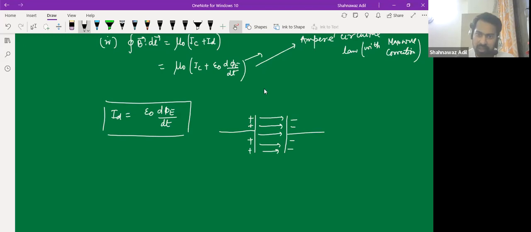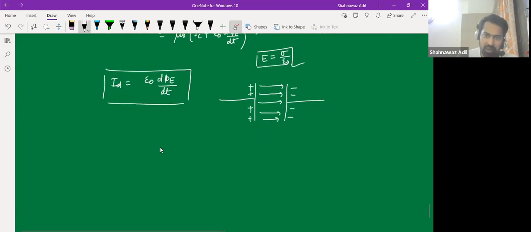So electric field is sigma by epsilon naught inside the plates. This part is clear, right, Mariam? Do you remember this part? Yes, sir. So we have this electric field which is sigma by epsilon.